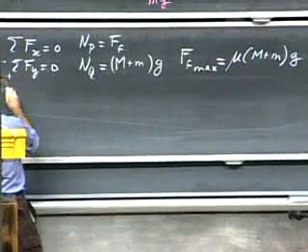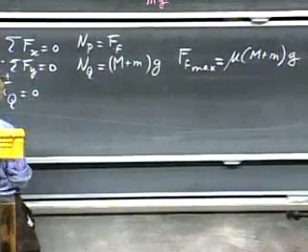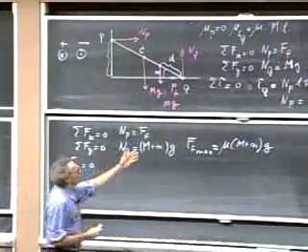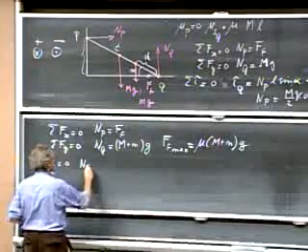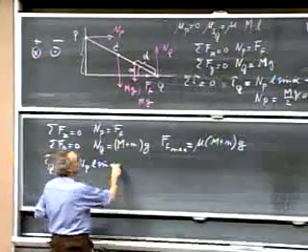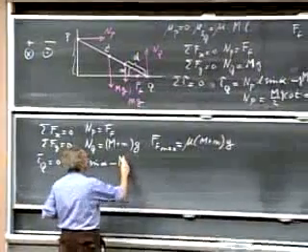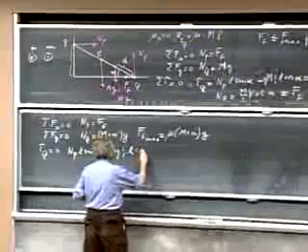Now we need that the torque, and I picked my point Q, relative to point Q, equals 0. Well, the first two terms haven't changed. So I have N of P times L sine alpha minus Mg times 1/2 L times the cosine of alpha.